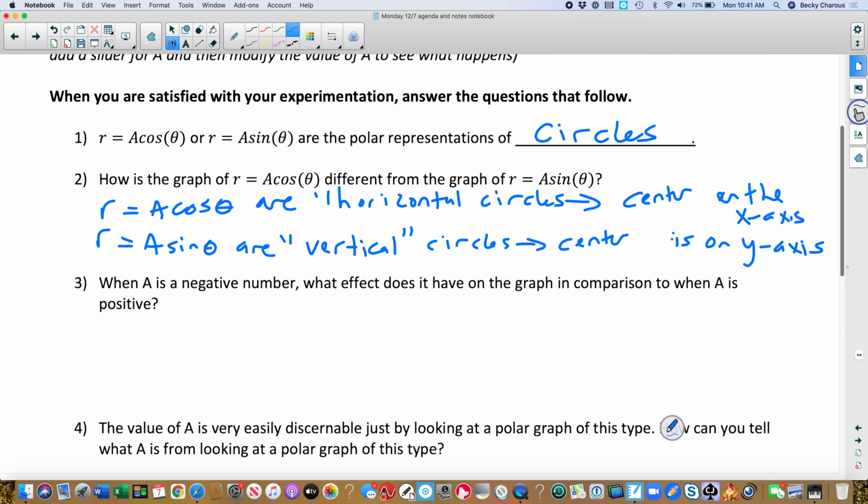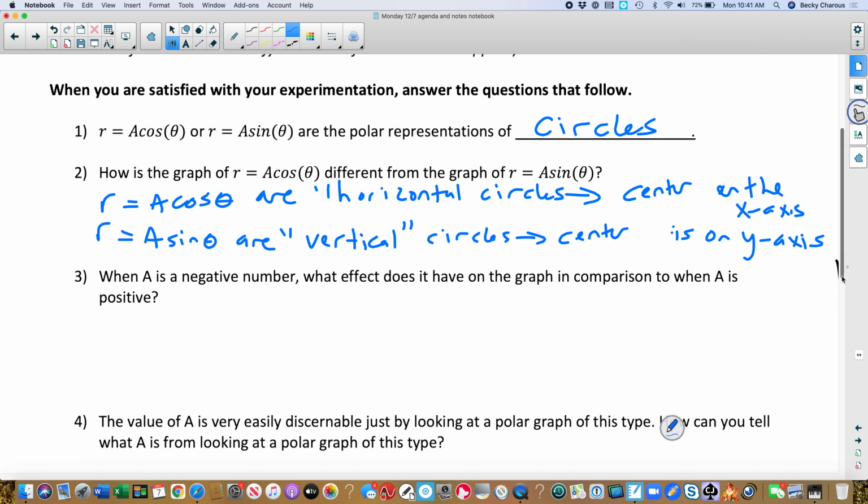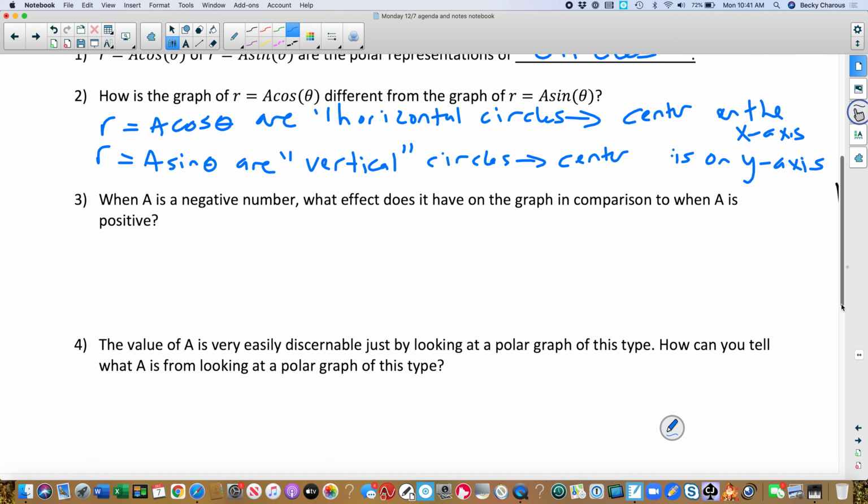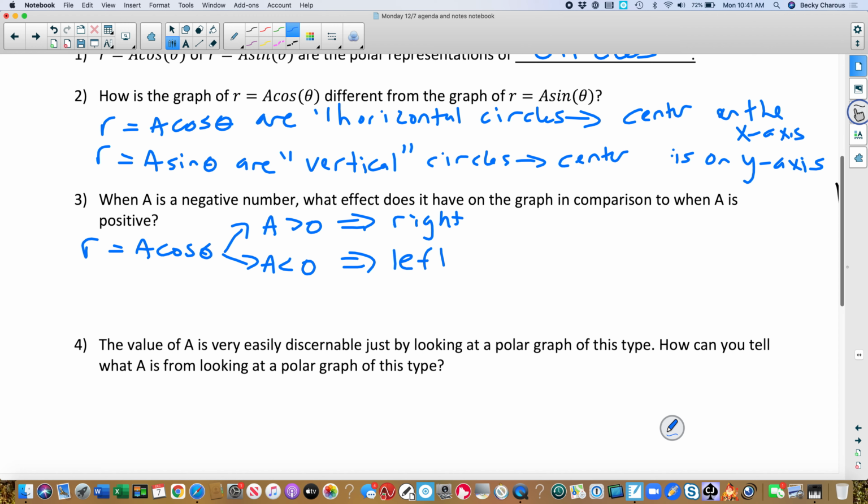Okay, when a is a negative number, what effect does it have on the graph compared to when a is positive? So I'm going to split this into two things. If we have r equals a cosine theta, if a is positive, what happens? And if a is negative, what happens? When a is positive, it goes to the right, good, and negative is to the left. So it's something like this, and here it's something like this.